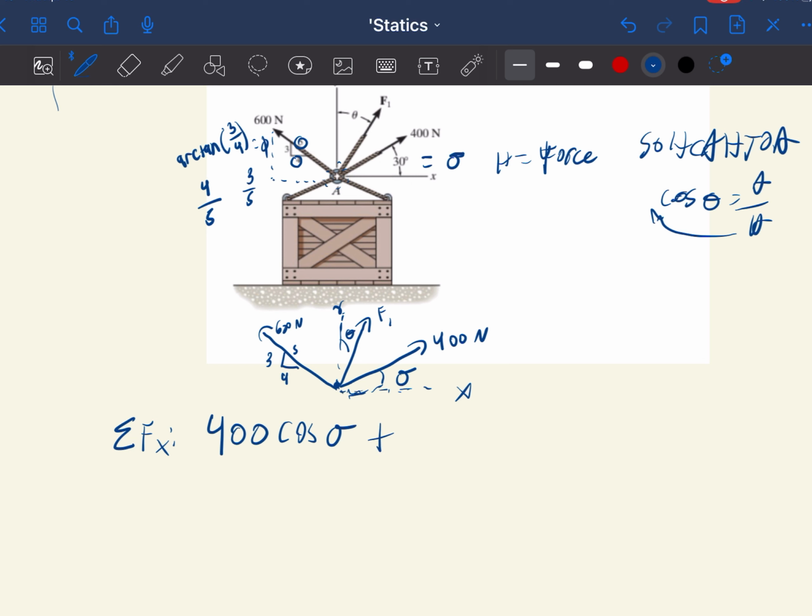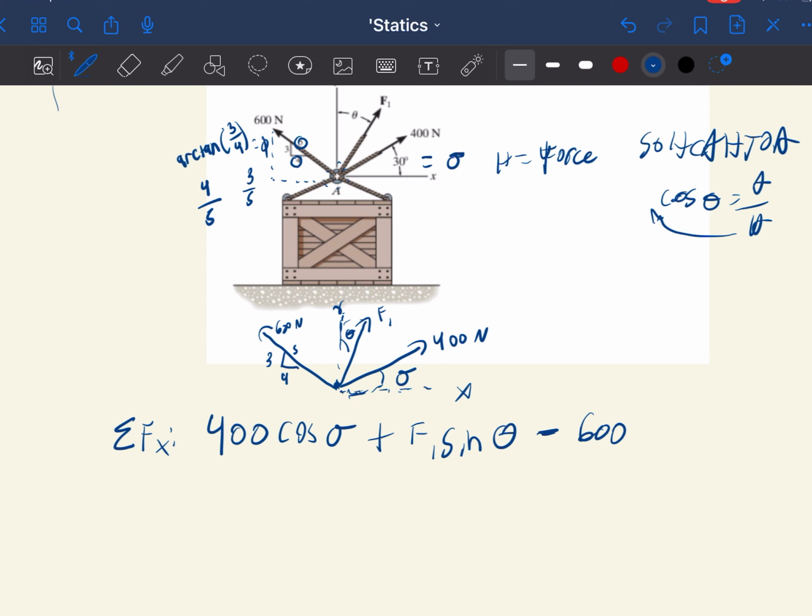Then we're going to add this to the x component of this F1, which would be the sine of this angle theta. Why is it the sine? Same thing, it's the opposite from this angle. Now we're looking at the other side, which is behind the y-axis on the left side. What does that mean? That means we have to put a negative 600.